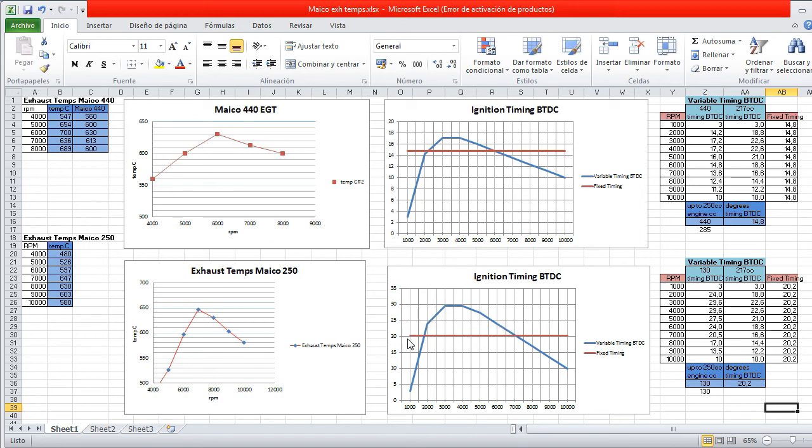Because that's what happens. That's what you expect. On a 250, the curve is going to have a peak advance a lot more than a 440. That's typical. The smaller the bike, the more advance you get, which is about 40% of peak RPM.